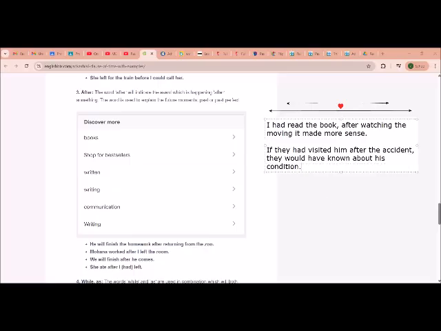So after, a little bit more flexible, definitely something you can use with past perfect and with the third conditional, right? So let's do the same.